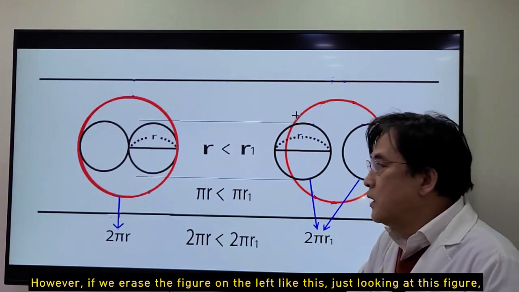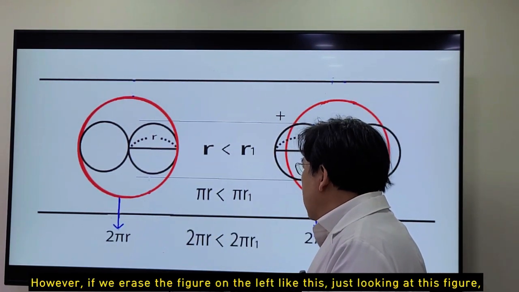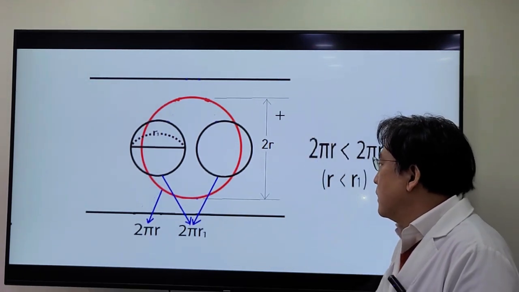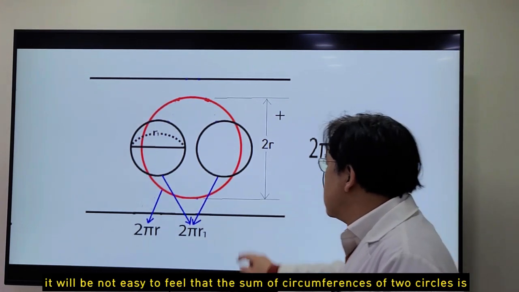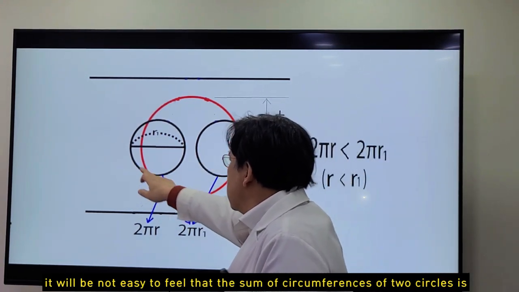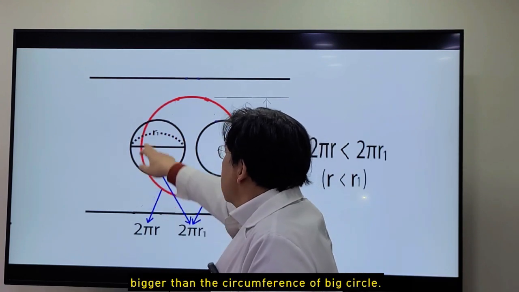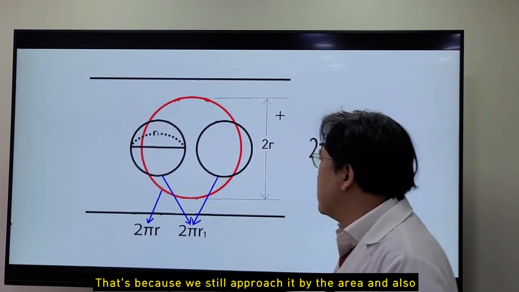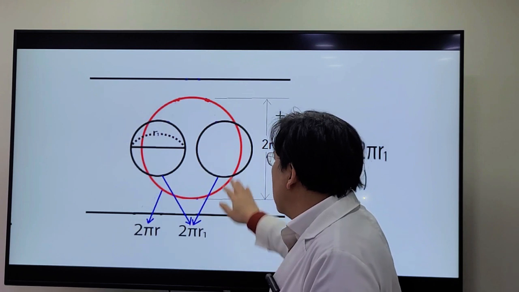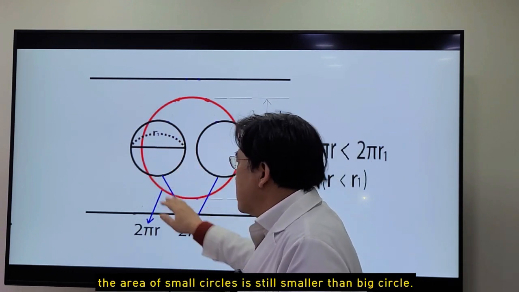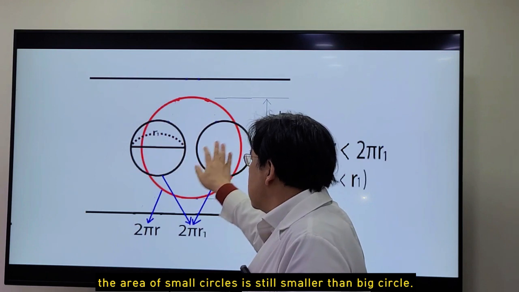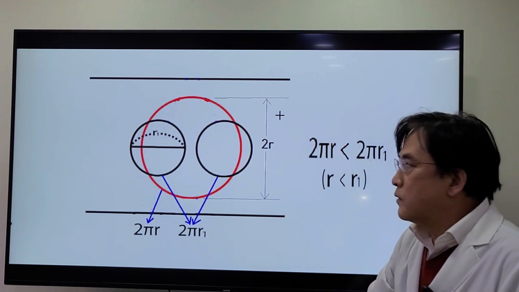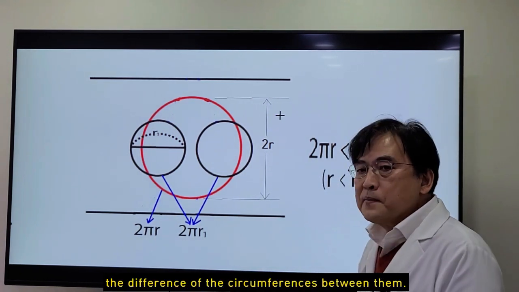However, if you raise the figure on the left like this, just looking at the figure, it will not be easy to feel the sum of the circumferences of two small circles is bigger than the circumference of the big circle. That's because we still approach it by the area, and the area of the small circles is still smaller than the big circle. So let's go further again until the moment we can feel the difference of circumferences between them.